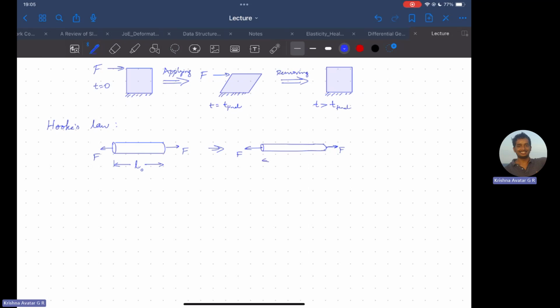So the length of this deformed bar is L. And we make some assumptions here. Let's consider the cross-sectional dimensions do not change.